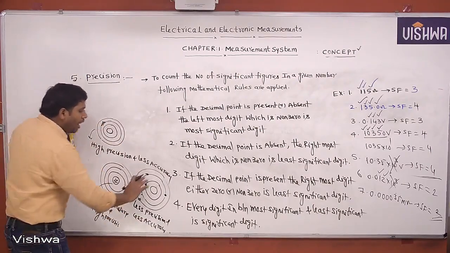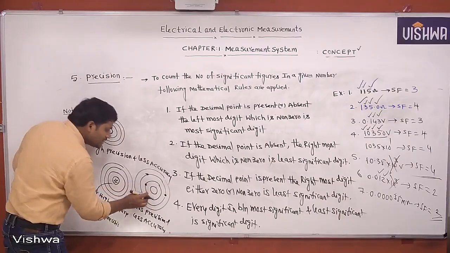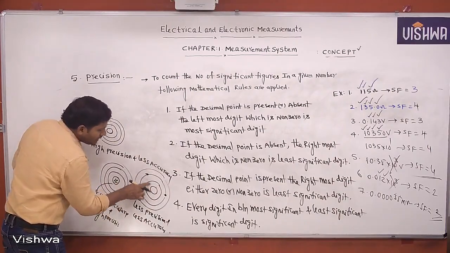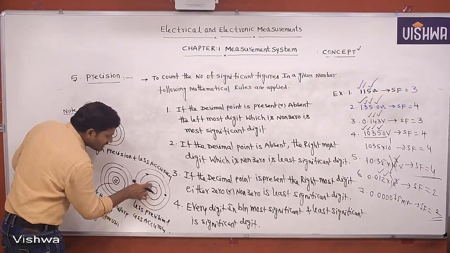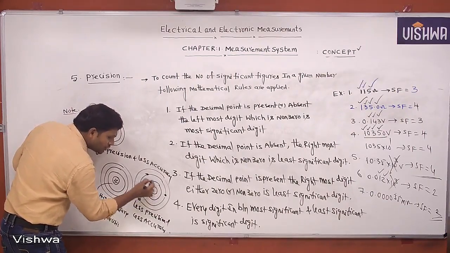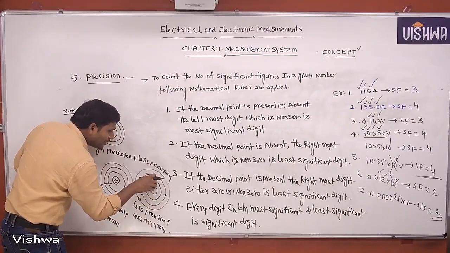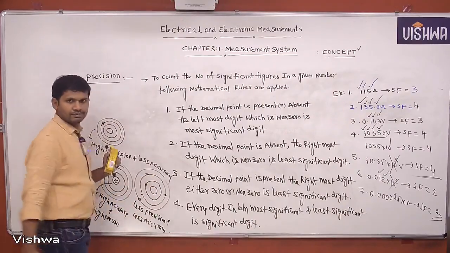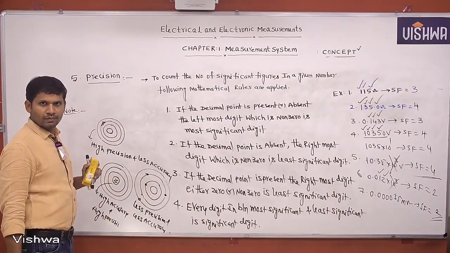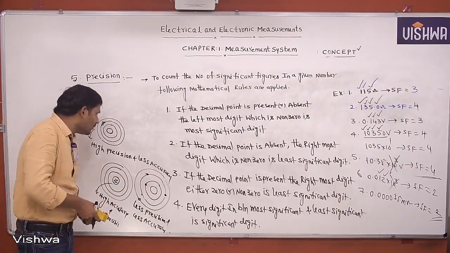All these values are away and this is not nearer to the true value. If all these dots are within this central circle, but not at the same position, at different positions, then that indicates high accuracy, less precision. Understood? Okay, like that we can define this.